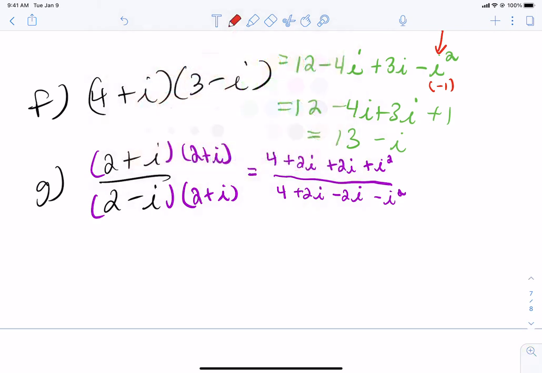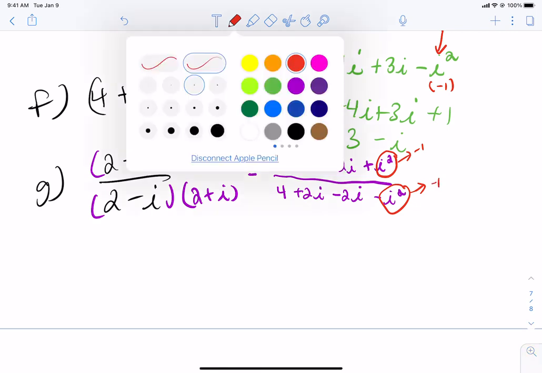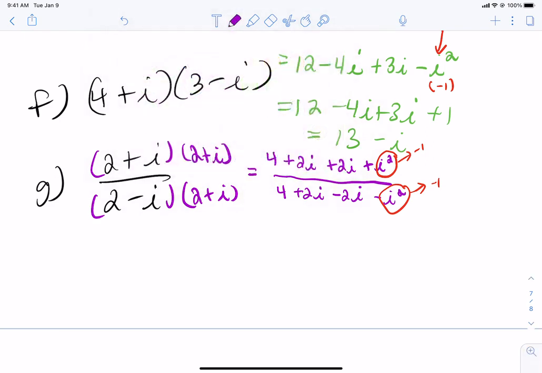Now what do each of the i squareds become? Negative 1. So that's going to become negative 1, and that's going to become negative 1. Okay. So on top, we're going to end up with 4 plus 2i plus 2i minus 1.